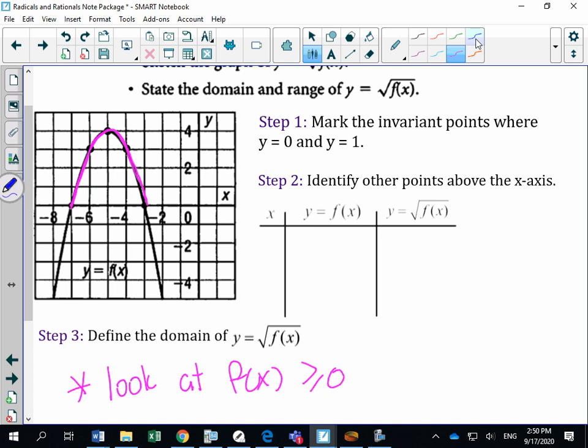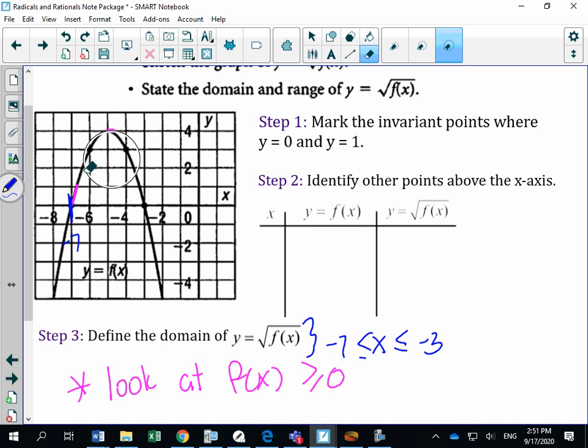So you say to yourself, okay, this is -3, and this would be -7. So the domain of my radical graph is going to be x is less than or equal to -3, greater than or equal to -7. So again, how you get the domain of the radical is you look at the original. Where's the original greater than 0? Where are the y values greater than 0? And then you tell me the domain of that piece.